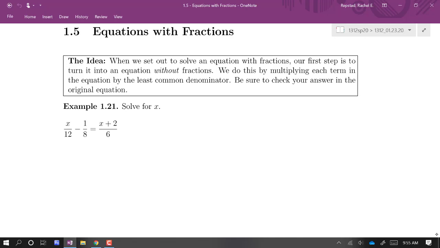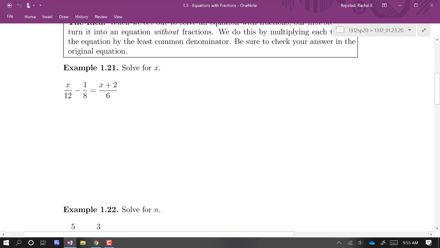So what's the LCD here? These are just numeric denominators. Not the greatest common factor, but the least common multiple. 24, right? The smallest number that they all go into.